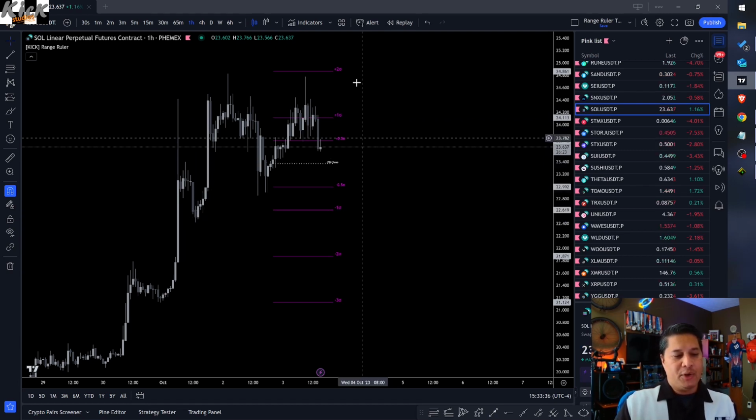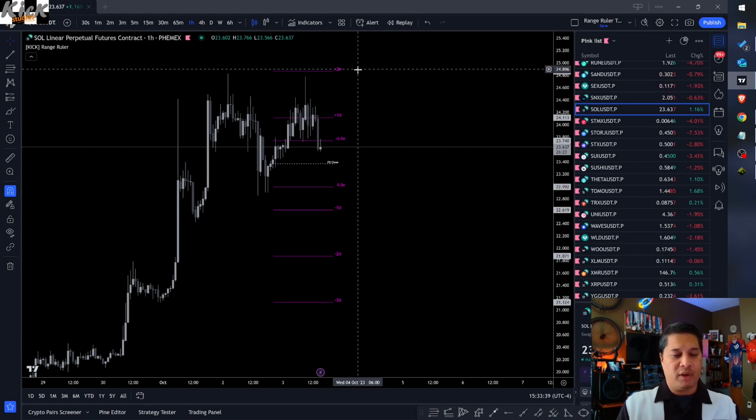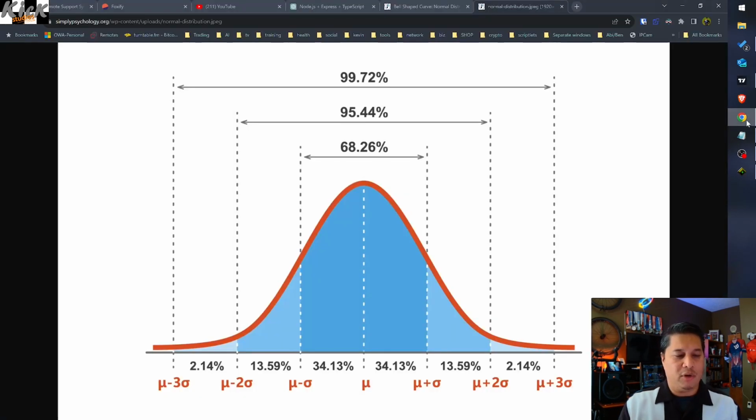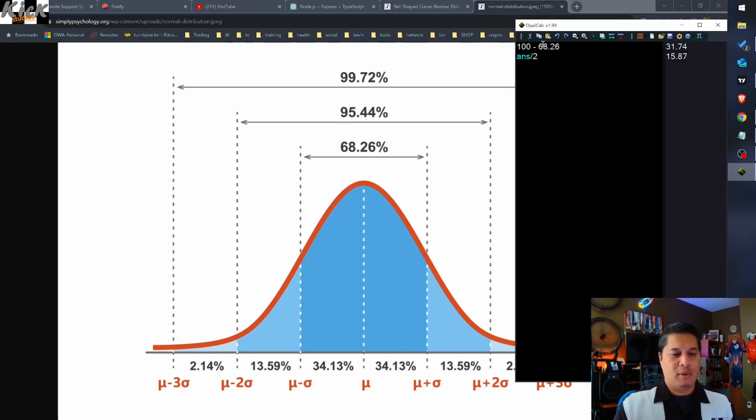Now when you go up to 2 standard deviations away, back to our little chart, you see that's 95.44%. So there's only a 2.3% chance that we would close above or below that range, outside the -2 to +2.